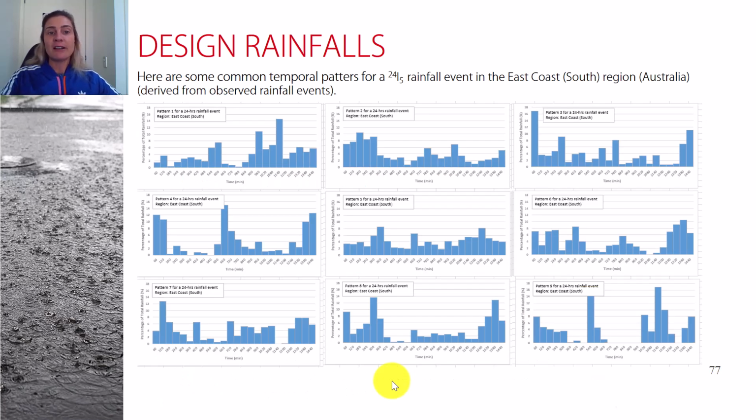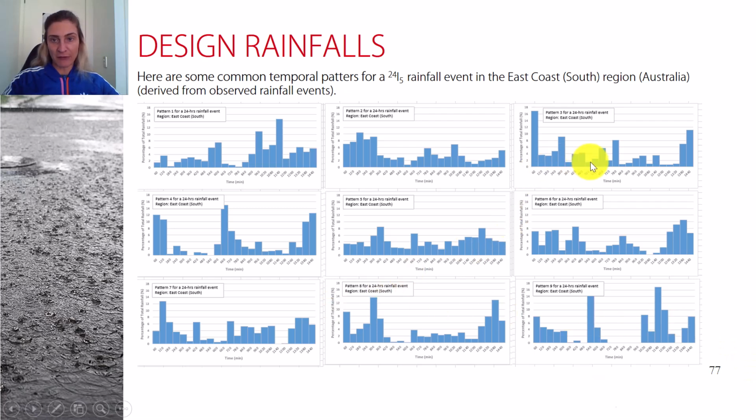All right, so here are some common temporal patterns for a rainfall event of 24-hour duration and an average recurrence interval of 5 years in the east coast region of Australia. So as we can see, the rainfall distributed over 24 hours has various intensities.